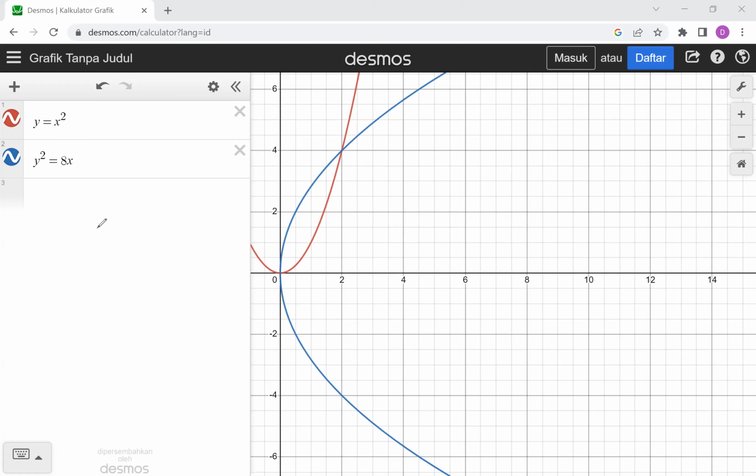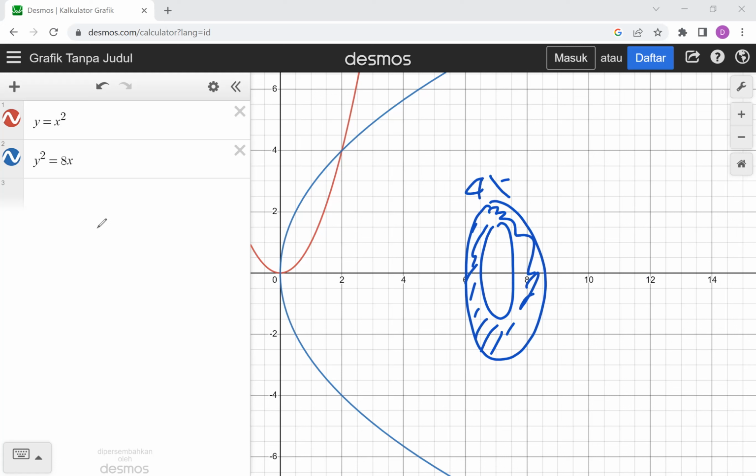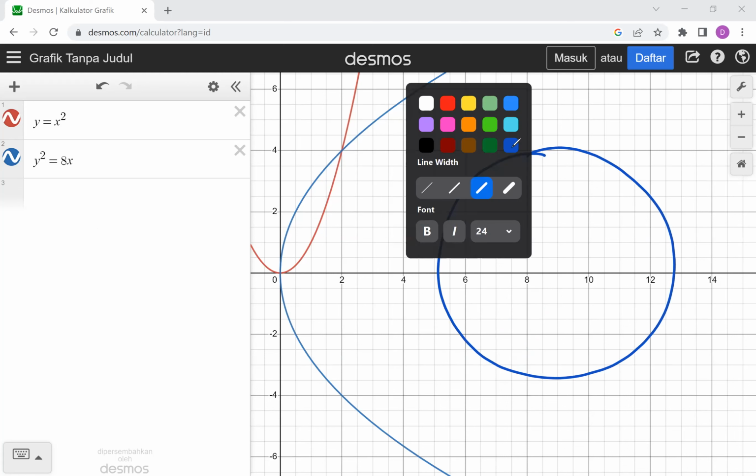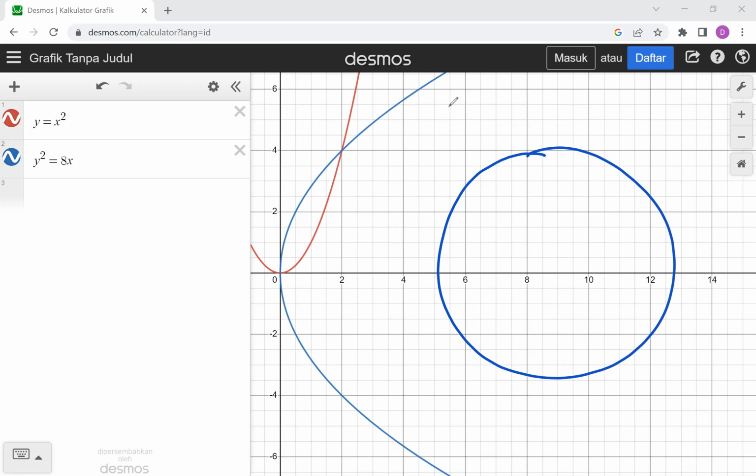The thickness is delta x, and then you should multiply it by the area of the base. The area of the base has two circles. The first circle is this one, and the second circle, let us consider this one.